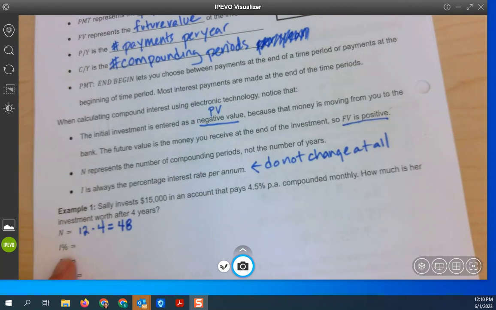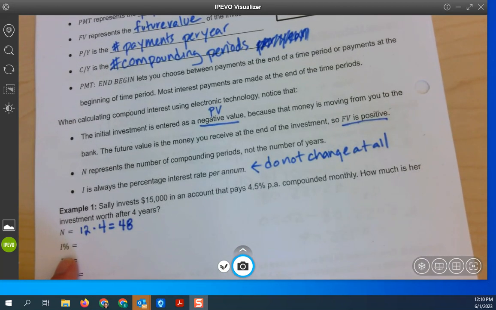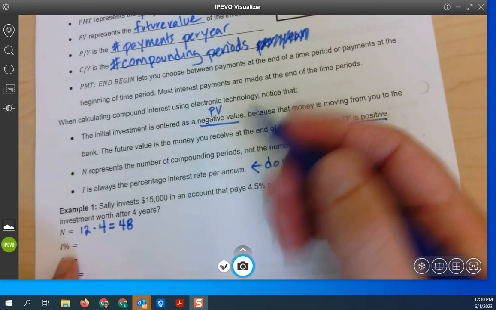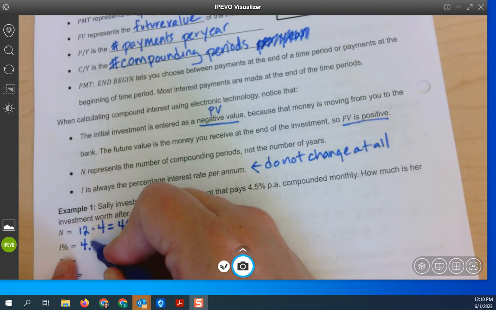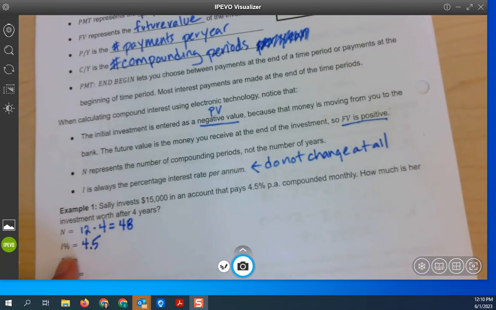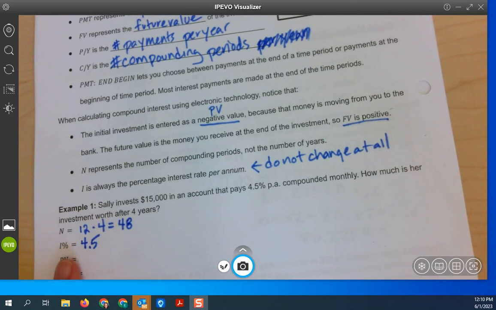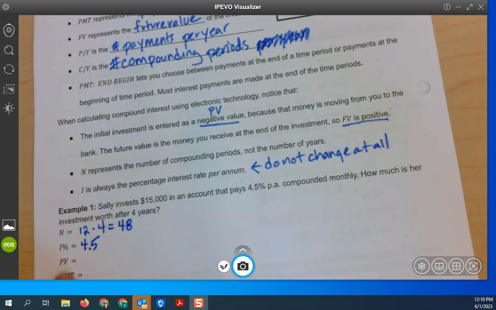Okay. The interest rate, I don't make it a decimal. I don't divide it by 12. It's just because the calculator is doing those steps for me, so I just put in the 4.5. The present value, does it say to put that one in as a positive or a negative? Negative.